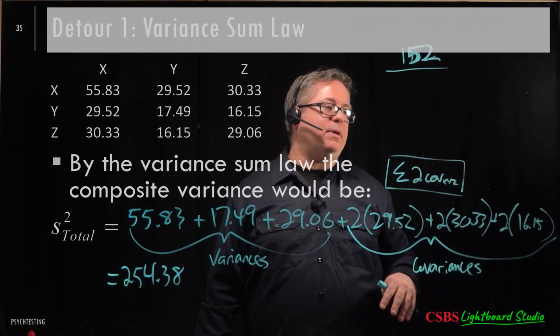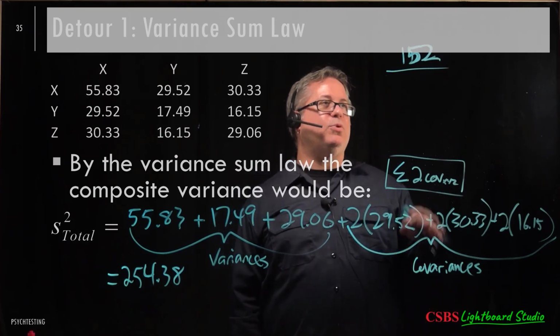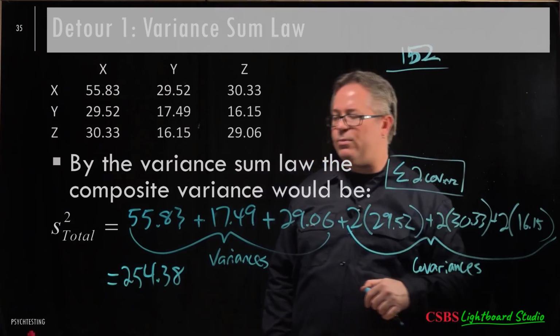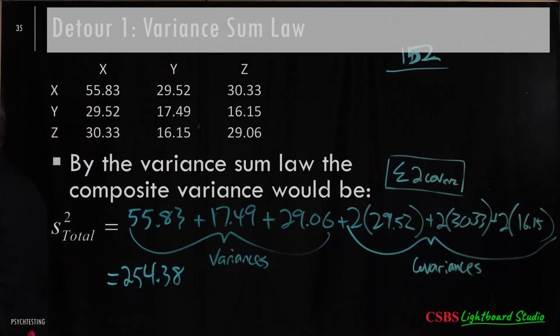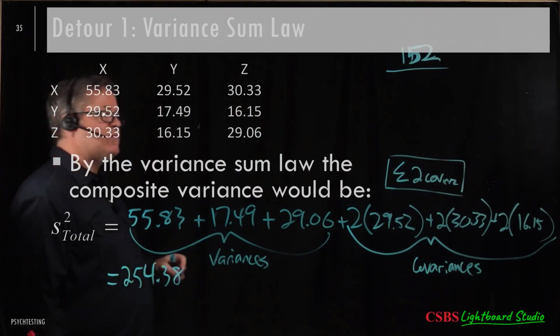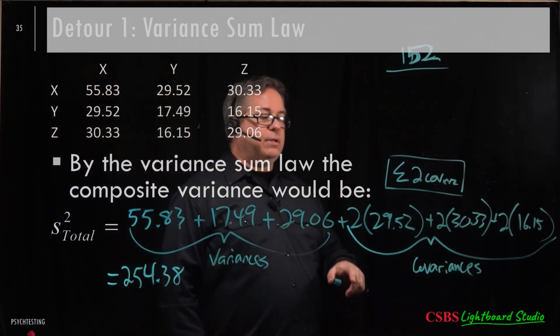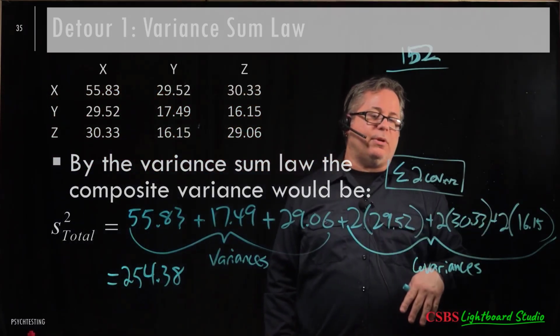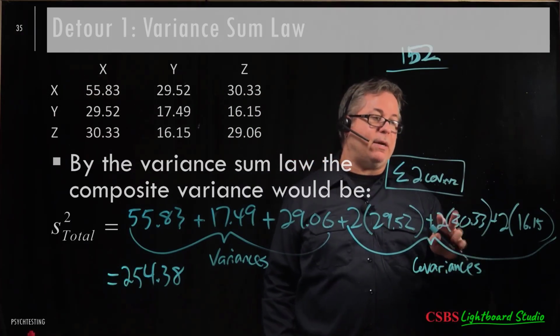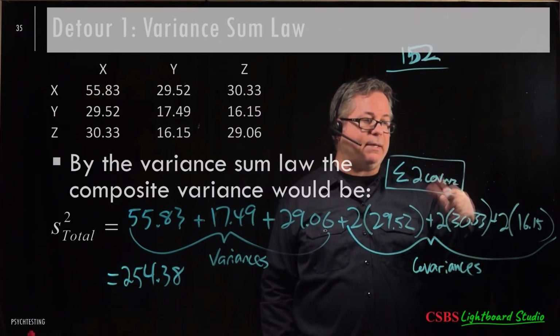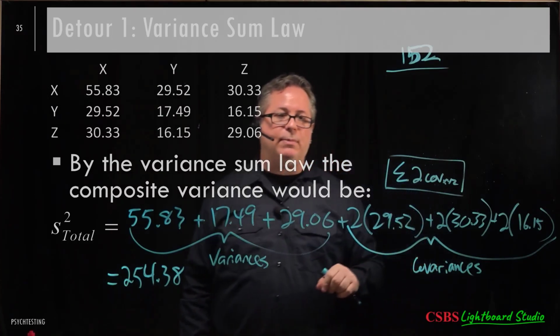What could I do with this 152 that would tell me something useful about the degree of consistency between X, Y, and Z? Yeah, they are all positive. That's something that, once we get to Cronbach's alpha, they have to be positive, which means even if they're negative, you have to flip items to make them positive. But we'll come back to that shortly.